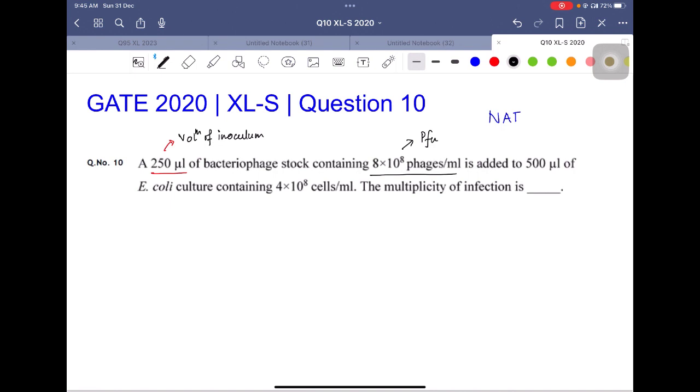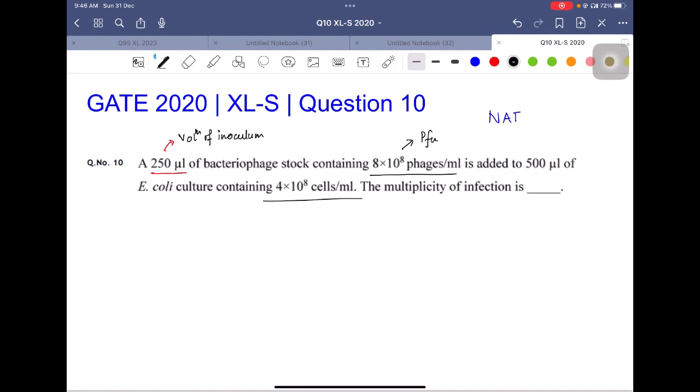And it is added to 500 microliter of E. coli culture containing 4 into 10 to the power 8 cells per ml.